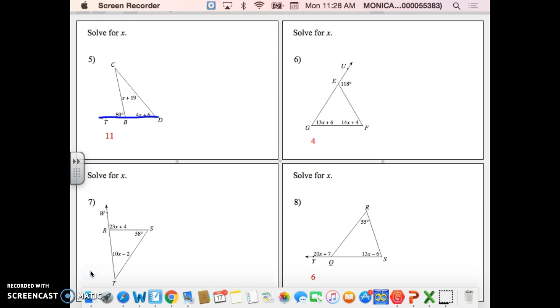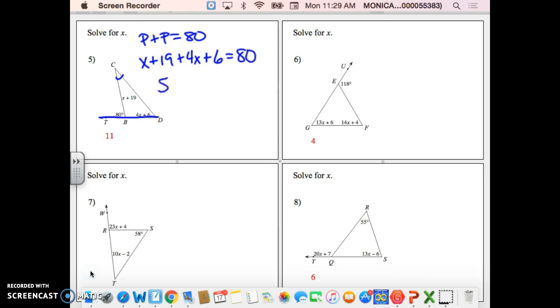So if we extend that side out, we see that this is our exterior angle. This marks this angle here, and this marks this angle here. So it's going to be part plus part equals 80. So it's x plus 19 plus 4x plus 6, and that's going to equal 80 because the 2 interior angles add up to the exterior angle.